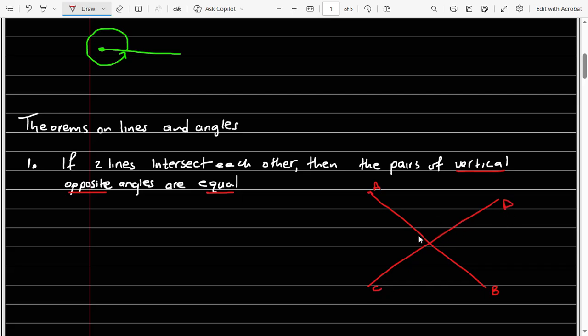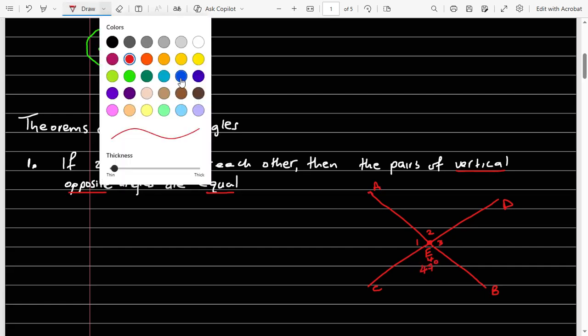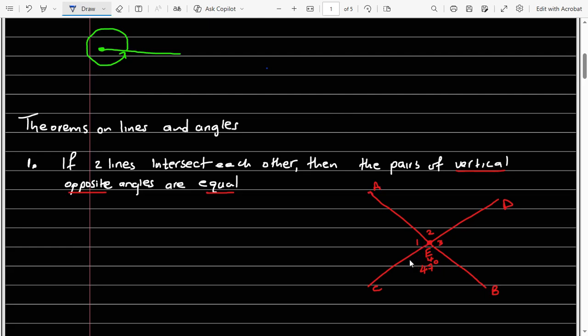We call this point E, and we name the angles E1, E2, E3, and E4. Let's say that E4 is given as 47 degrees. This 47 degrees is definitely for this angle.